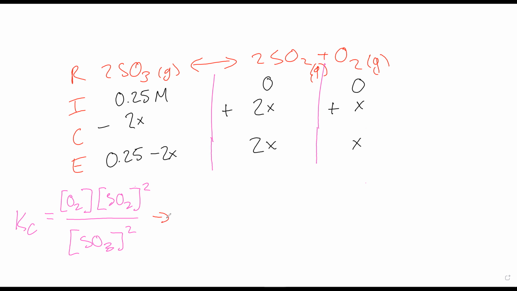Let's plug it in here. The concentration of O2 is simply x times the concentration of SO2, which is represented by 2x, and I'm going to square that. I'm going to divide it by 0.25 minus 2x, and I'm going to square it.